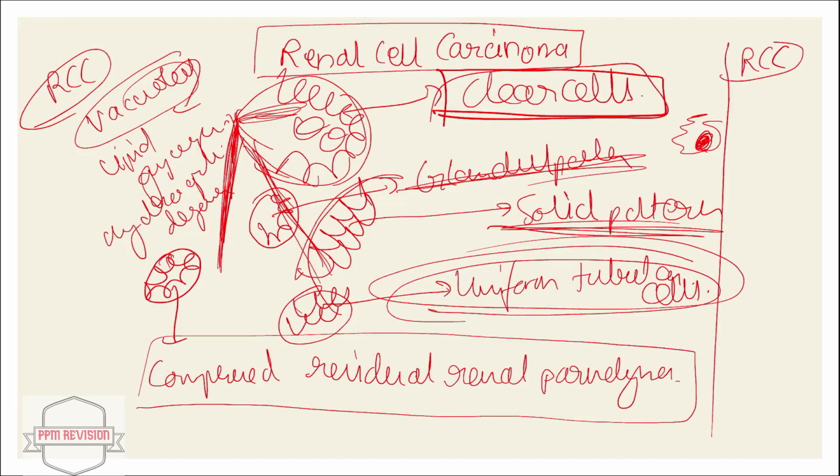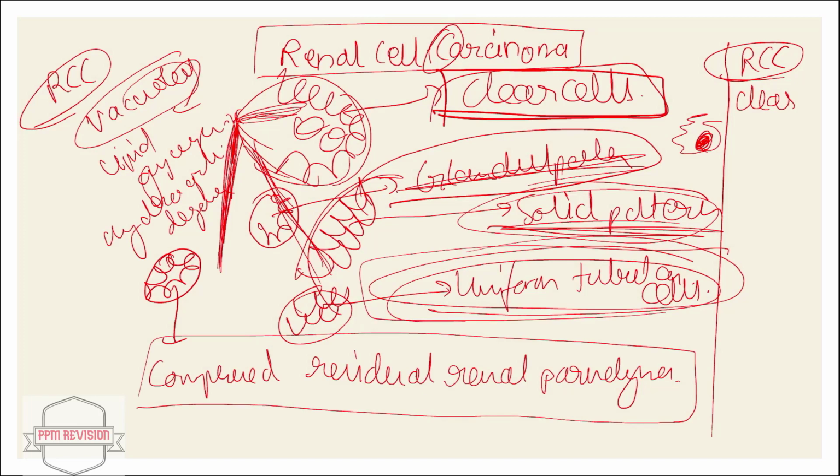So just recap, what is renal cell carcinoma? I drew an R, right? So the presence of clear cells, one of the C's, refers to nothing but the clear cell. And the glandular pattern can be seen, solid pattern can be seen. There are uniform tubular cells that can be seen, and compressed residual renal parenchyma that can also be seen.